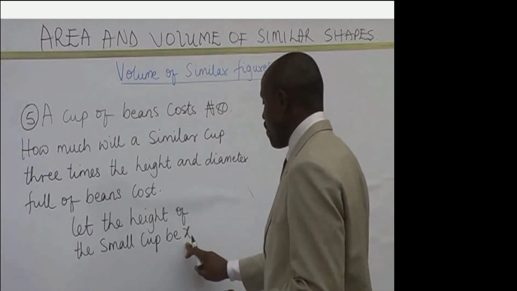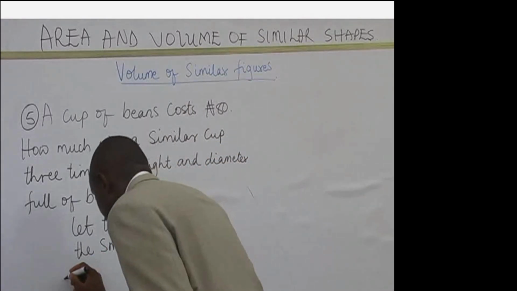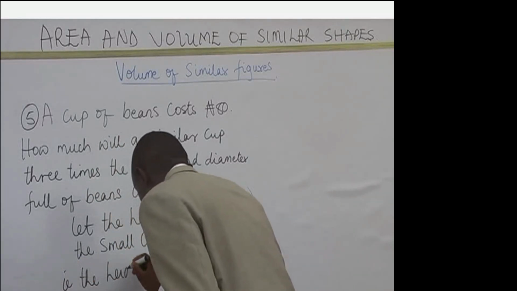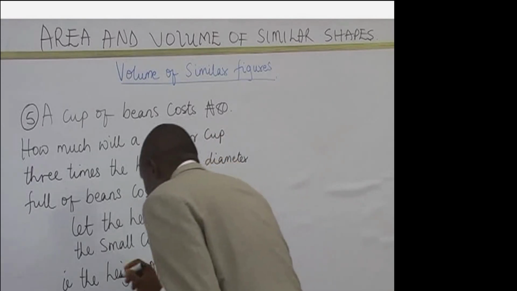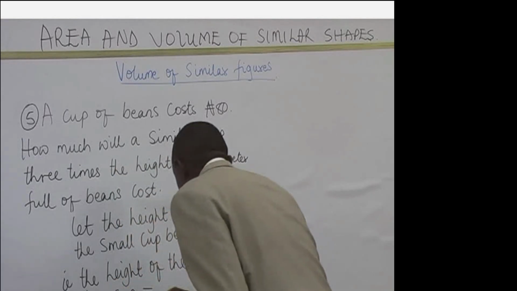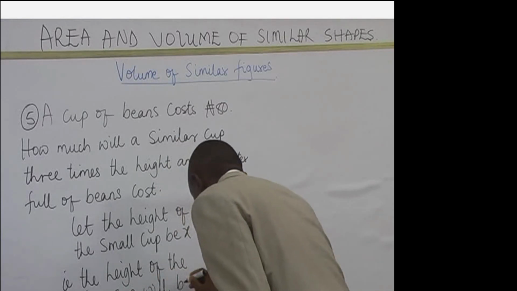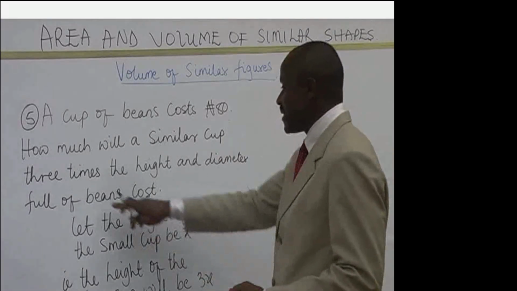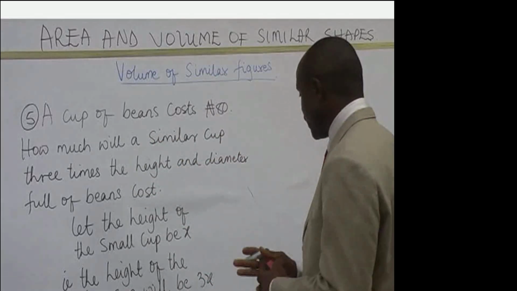If the height of the small cup is represented by x, that means the height of the bigger cup will be 3x, because they said the big cup is 3 times the height and diameter of the small one.